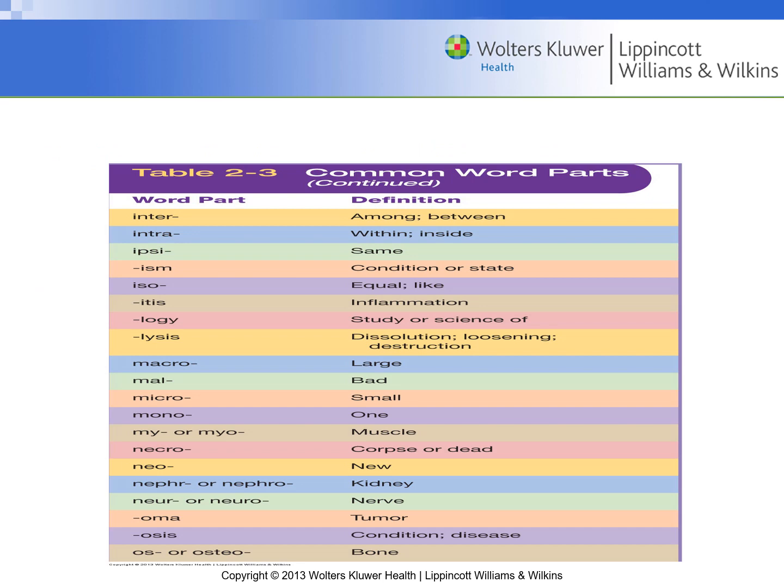So with respect to some of those word parts, we see that the word part inter, the definition is among or between. Intra refers to within or inside. Ipsi refers to same. Ism is the word part that is used to describe a condition or a state.